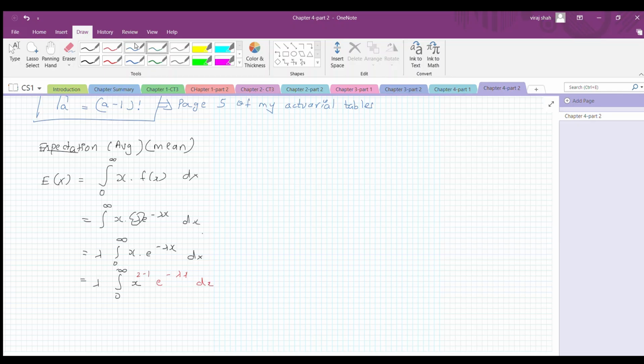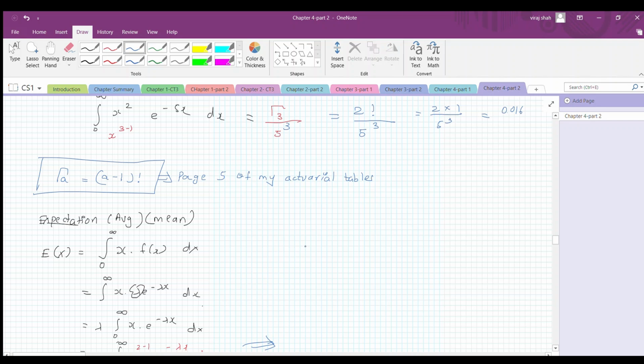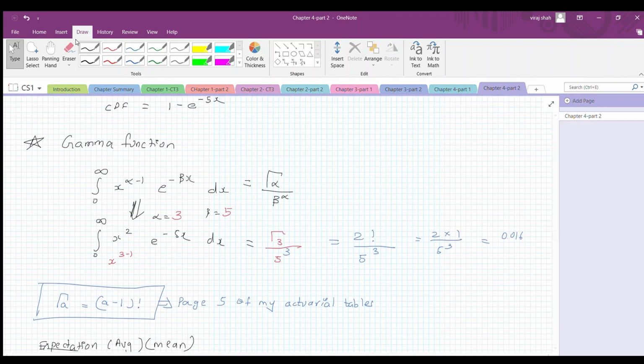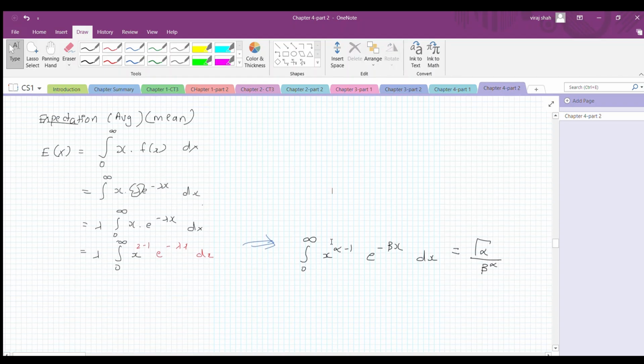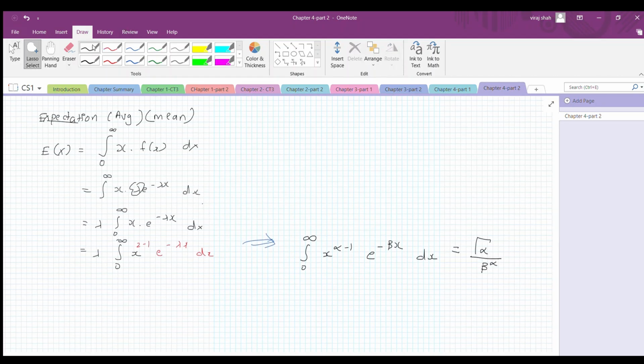If I compare this with my gamma function, I can say that my alpha is 2, right? 2 minus 1, alpha minus 1, 2, and beta is equal to lambda. So I can use now this formula.